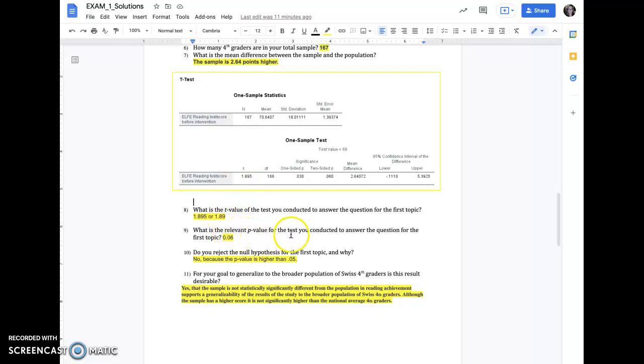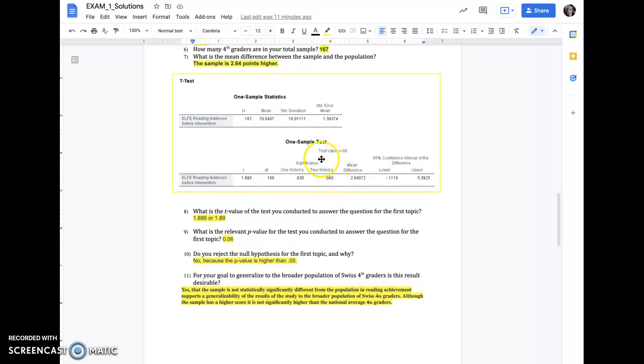What is the relevant p-value? Well, this is a two-tailed test, so here we have the two-sided test, and it's 0.06. Well, 0.06 is higher than our threshold of 0.05, so we do not reject the null hypothesis.